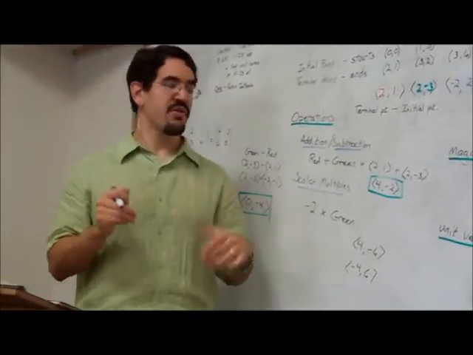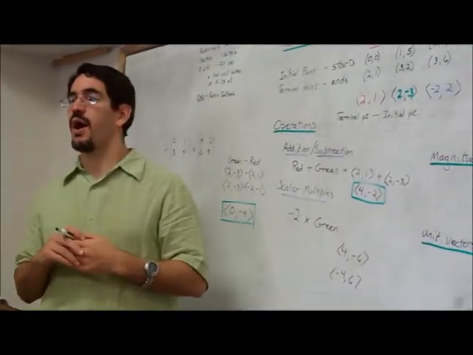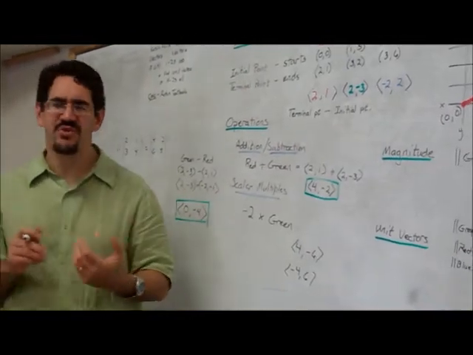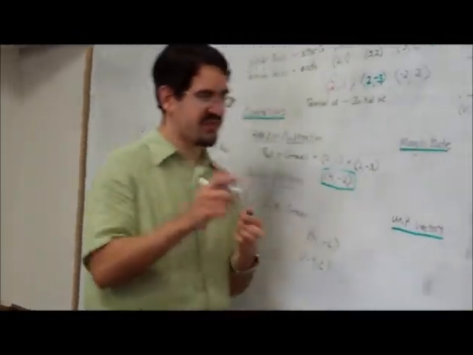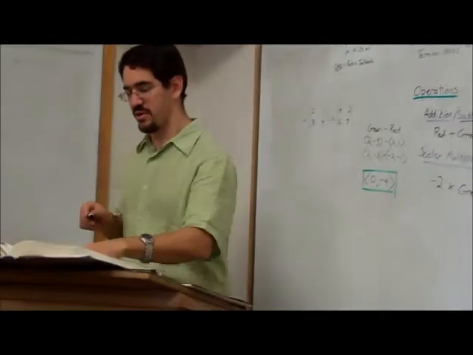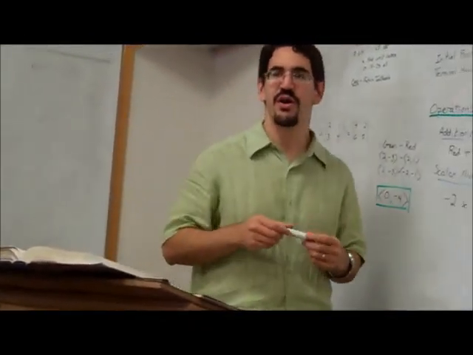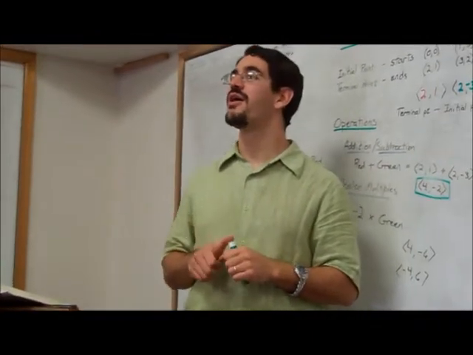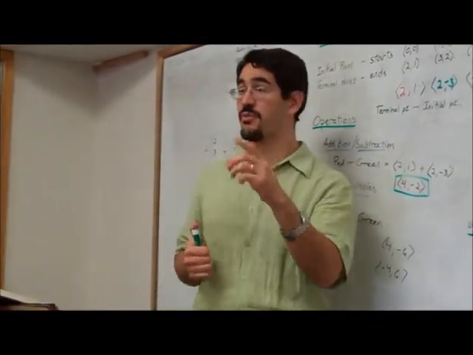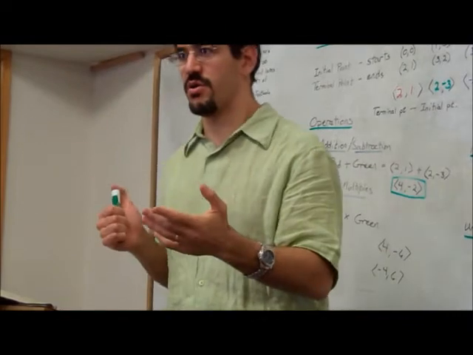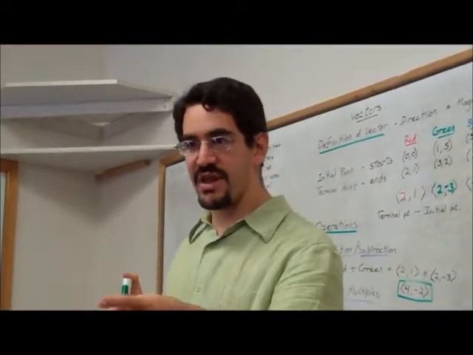It appears I did not leave myself enough room to work down here. But the last thing is unit vector. How do we come up with a unit vector? What is a unit vector? So let's see if we can come up with a definition. Now, I want you to think about that word unit. Unit, 1. 1 unit, right? What's a unit circle? A circle with a radius of 1 unit.